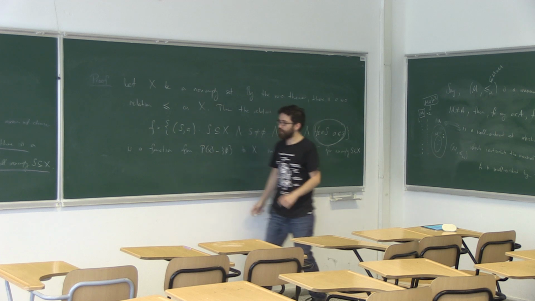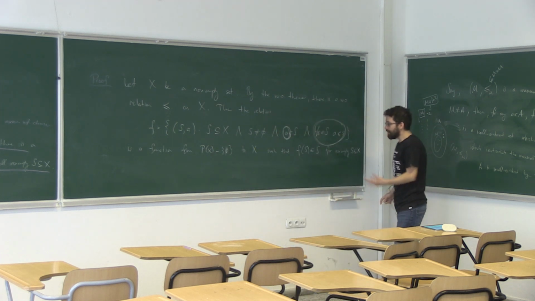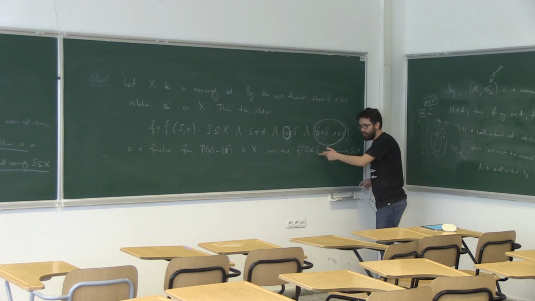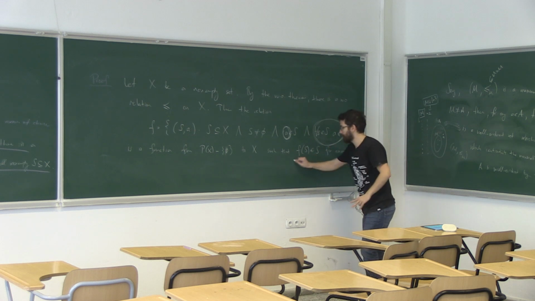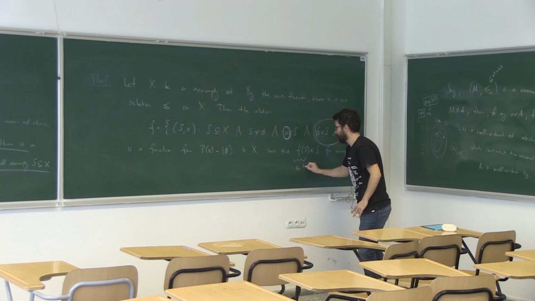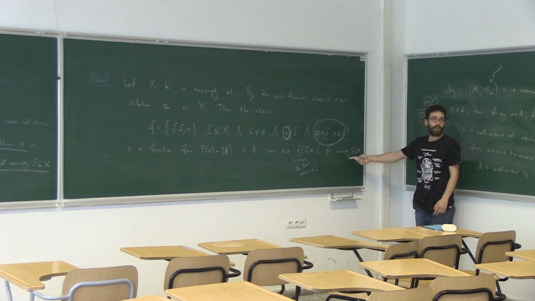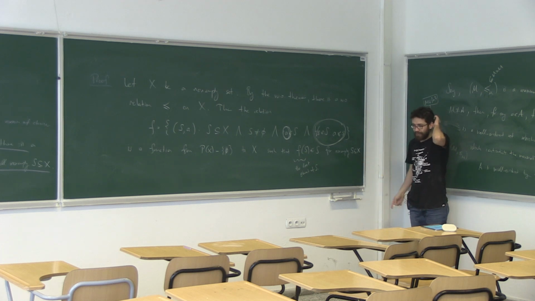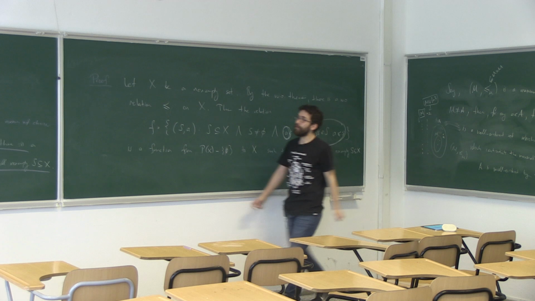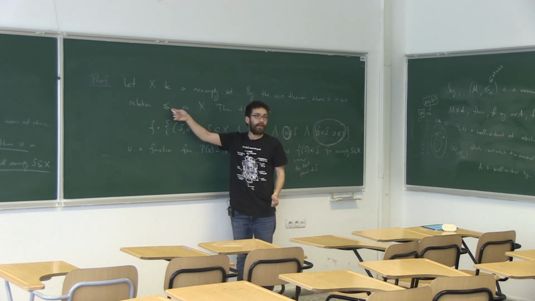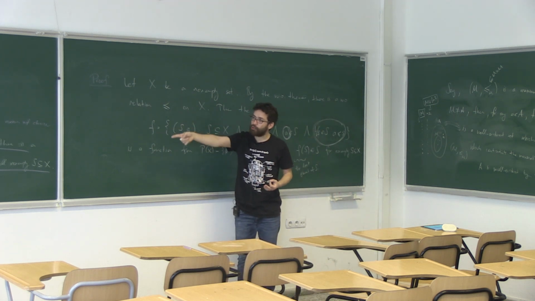So this is a function, and it chooses one element from each S, the least element of S. So this does what I want. The point is the following: if I can find a well-ordered relation on a set, then I can find a choice function.